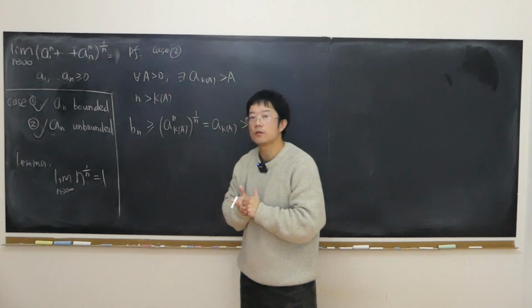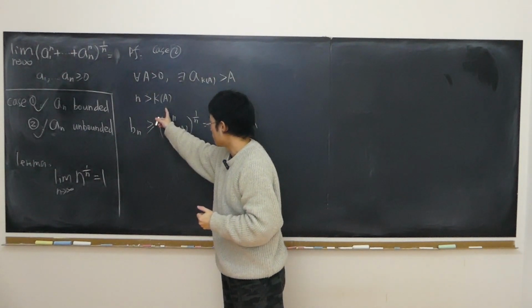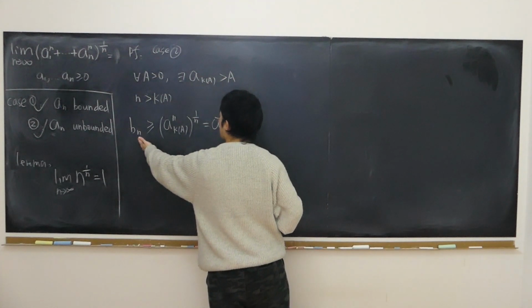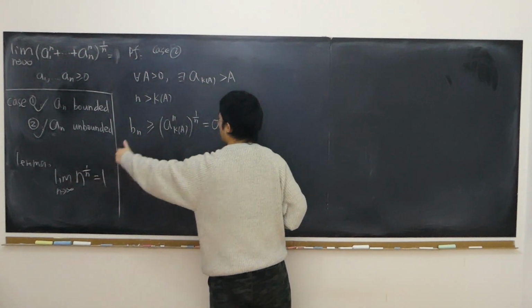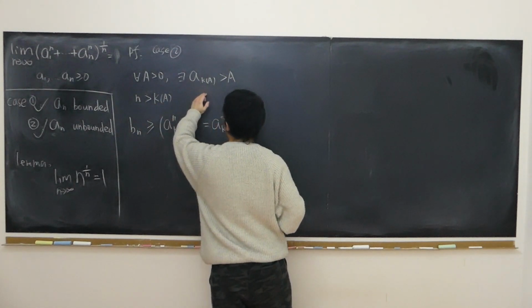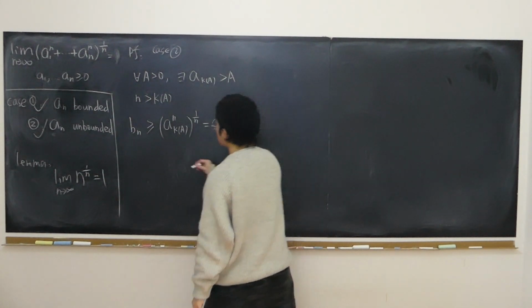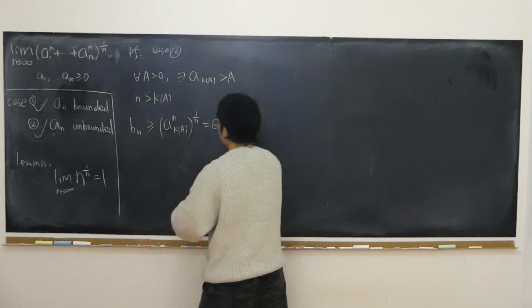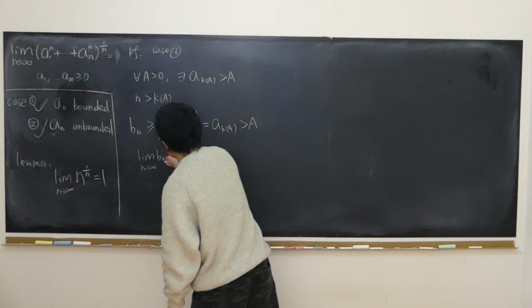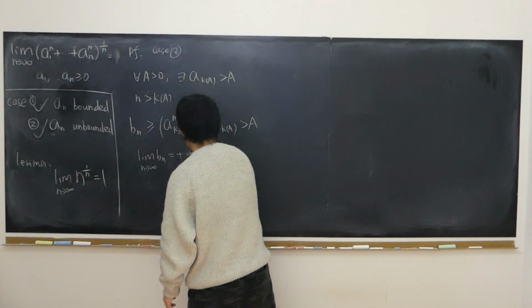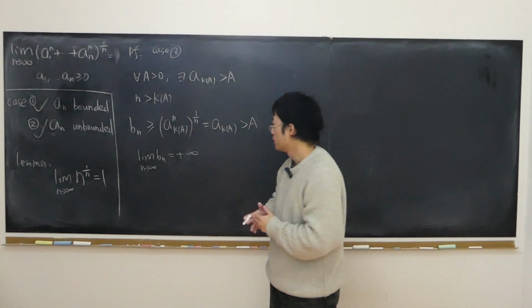So what does that mean? That means we've actually found a fixed subscript, so that when little n is larger than this subscript, every single term in this sequence after this term, infinitely many of them, is larger than A. Therefore, according to the rigorous definition, we can conclude that the limit of Bn is really infinitely large, if we consider infinitely large also as a generalized version of limit.